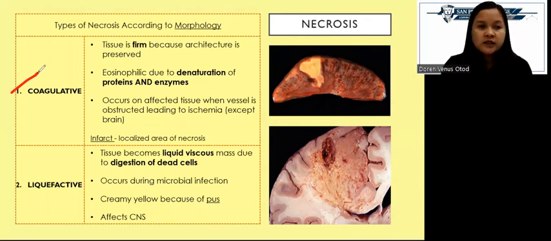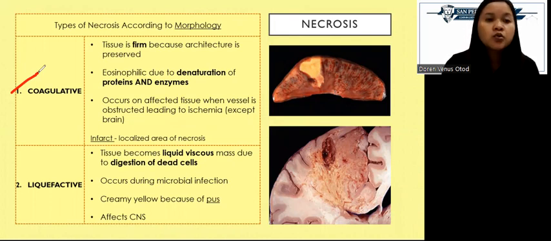The characteristic of a coagulative necrotic organ is that it is eosinophilic. The reason for this is denaturation and precipitation of the cellular proteins. And the cytoplasm of the organ or the cell undergoes rapid coagulation.